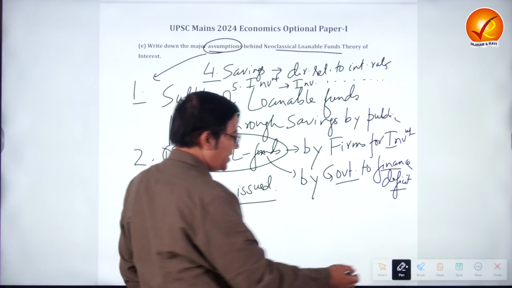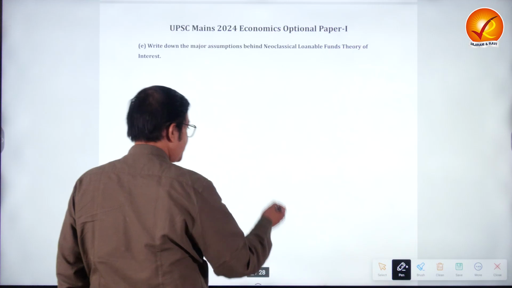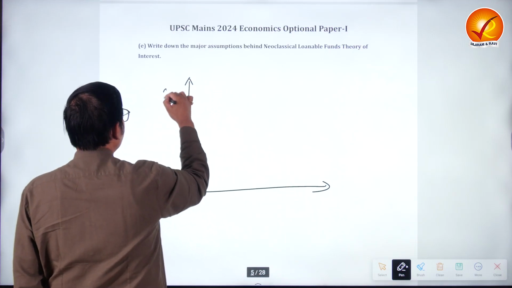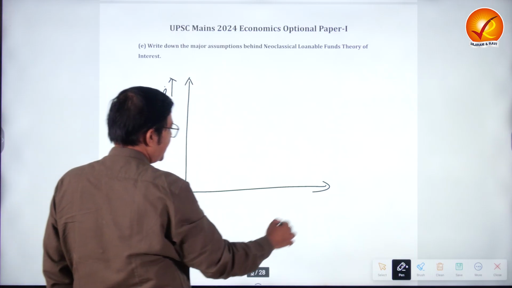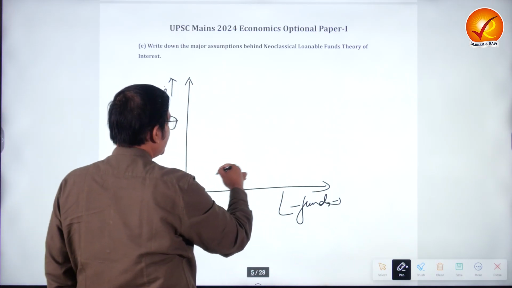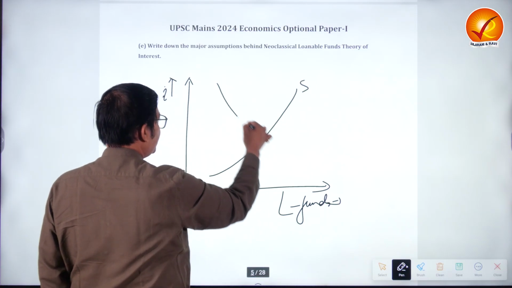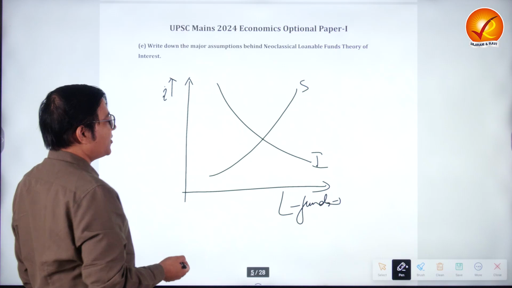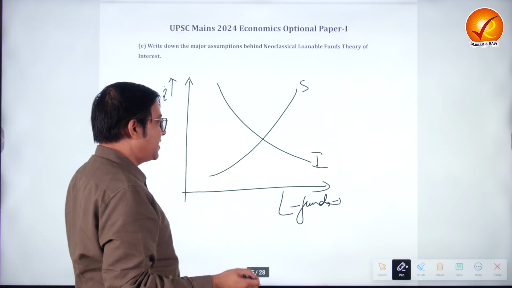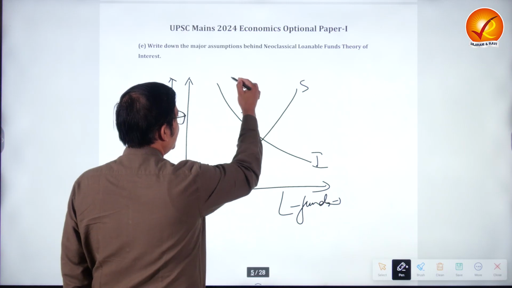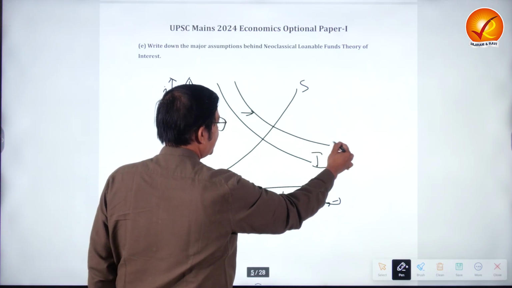what you can also do is that you can briefly show a graph of that. So basically in the graph you can keep interest rate on one side, loanable funds on the other side. You can draw a savings curve like this, you can draw an investment curve like this, and if the government is also borrowing, given that there is a T level of tax revenue also, then this will be shifting to right.